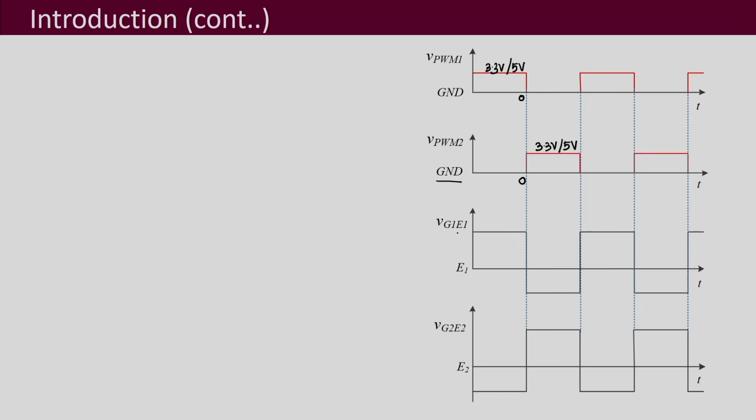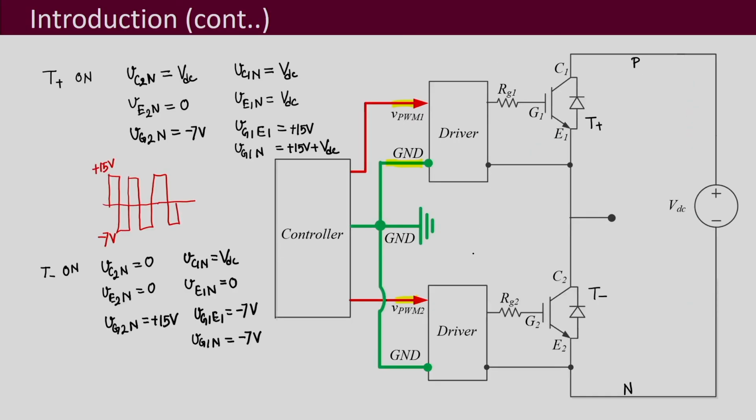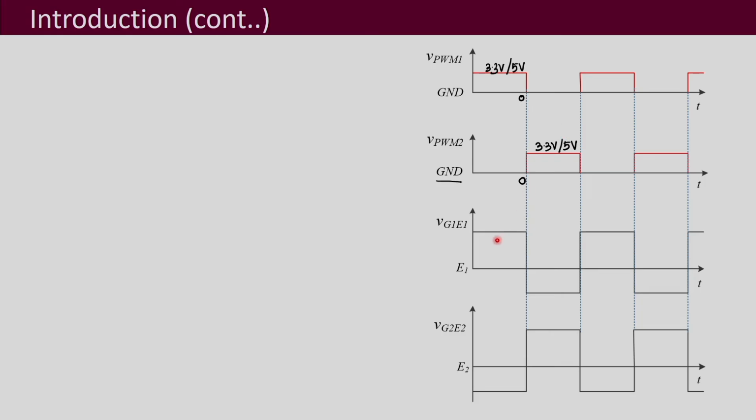Further, your VG1E1 with respect to E1, that means this point G1E1 with respect to E1, that is going to be equal to what we have taken as the typical voltage of plus 15 volt and minus 7 volt.